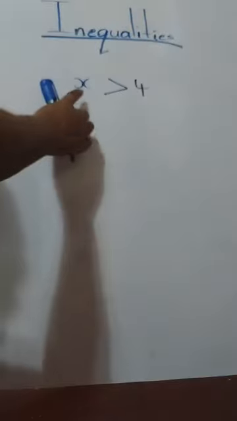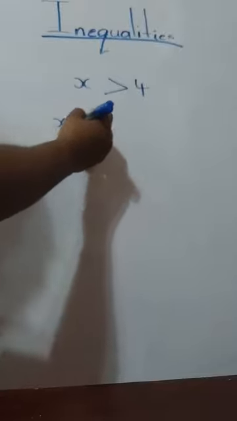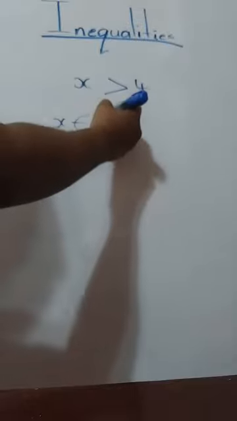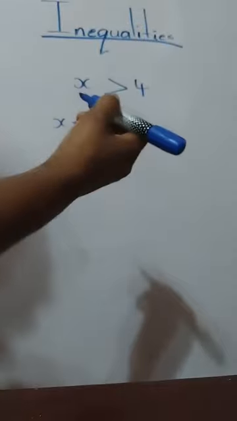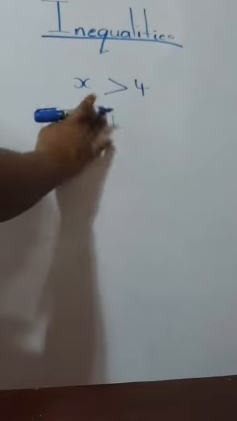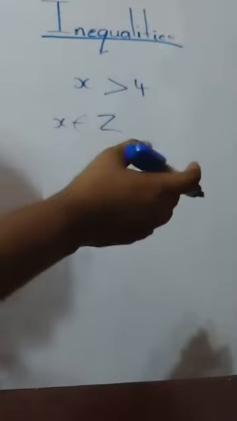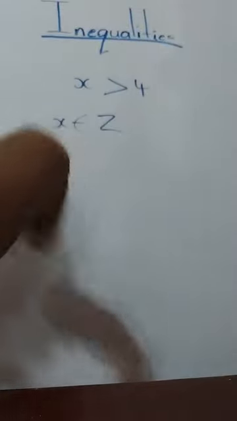So if we're looking at whole numbers only, and we say that x is greater than 4, x is an element of whole numbers. Or if x is an element of integers, so the Z means integers, and integers means the whole numbers can be either positive or negative. We're looking at both.